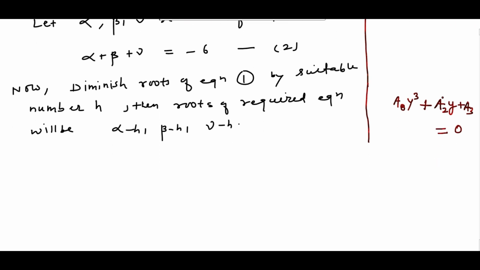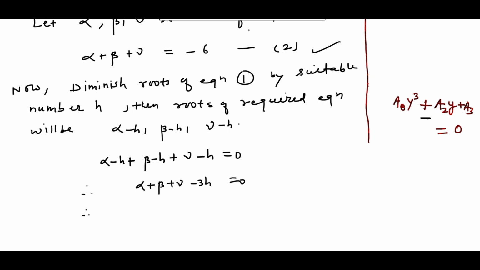So here we can say the second term coefficient is 0. So the sum of roots, that is alpha minus h plus beta minus h plus gamma minus h, is equal to 0. Here alpha plus beta plus gamma minus 3 times h equals 0. So from equation 2, the sum of roots, that is negative 6 minus 3h is equal to 0. That is, the value of h is negative 2.